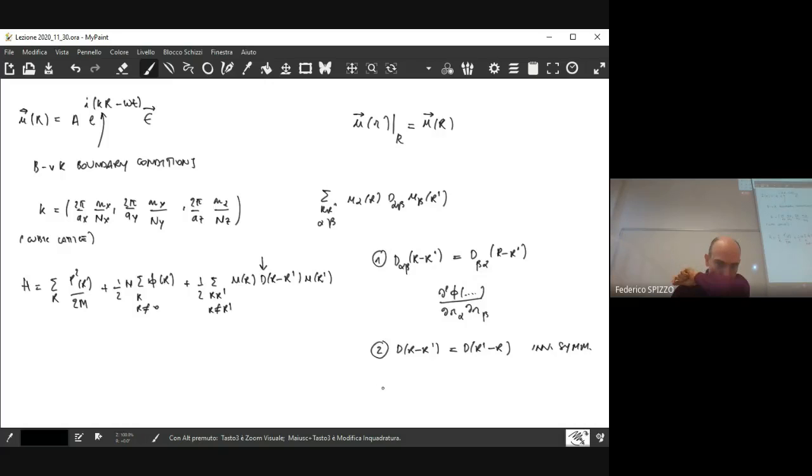And then if U of r is equal to D, that means if you take all the ions in the system and you apply exactly the same displacement to all the ions, then this has to be equal to 0.